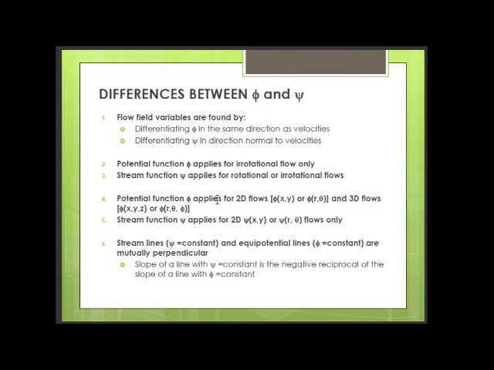Both lines are mutually perpendicular, meaning the slope of the line with ψ equal to constant is the negative reciprocal of the slope of the line with φ as a constant. Okay, this is the difference between φ and ψ, the velocity potential function and stream function.